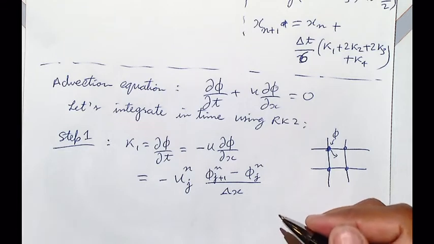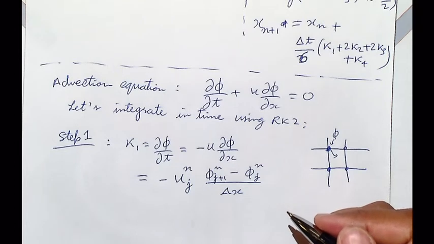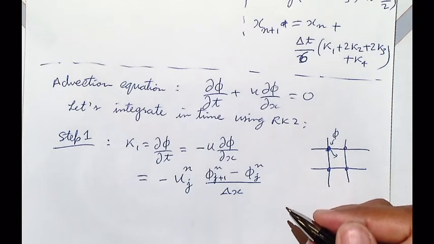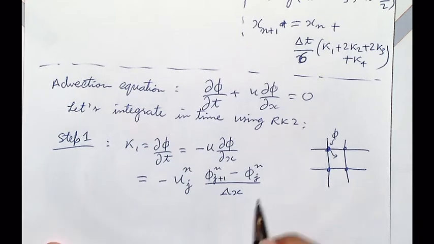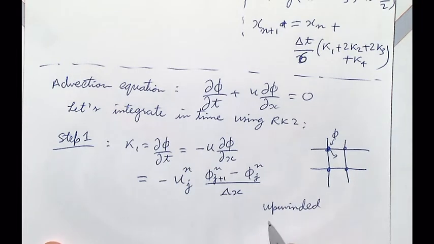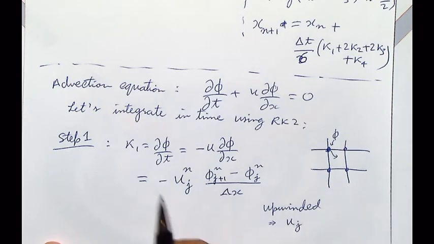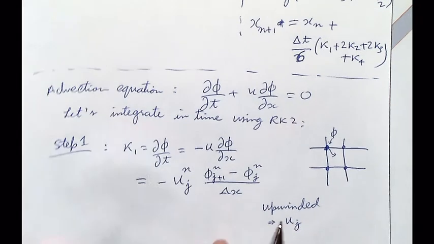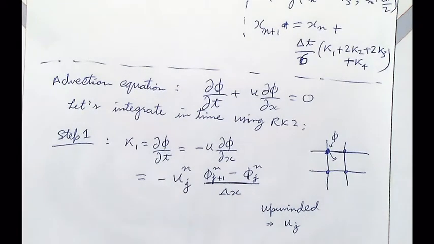But we saw that that discretization is completely unstable for pure advection. That we saw a few classes ago. So yeah, we have to use upwinding, right? This is upwinded. Which means for this particular stencil, u is negative.